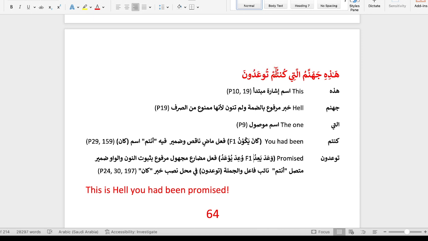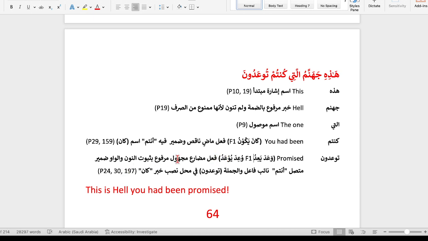So tu'aduna is actually coming from the passive form. So wa'ada changes to wu'ida, and ya'idu changes to yu'adu. So from yu'adu: huwa yu'adu, huma yu'adani, hum yu'aduna. Anta tu'adu, antuma tu'adani, antum tu'aduna. If you can memorize the table, you will see that tu'aduna comes for antum.